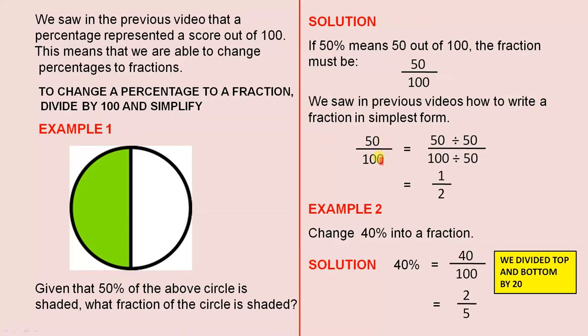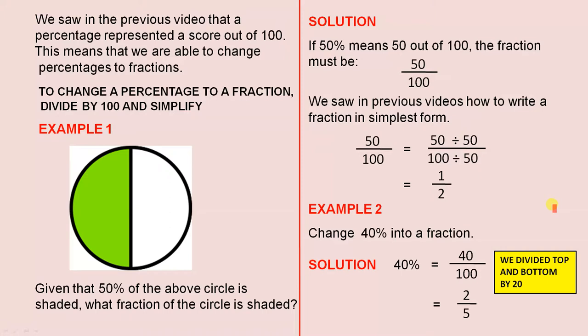So if we have 50 over 100, we divide top and bottom by 50. 50 divided by 50 gives you 1. 100 divided by 50 gives you 2. So the answer is a half. So 50%, which is 50 over 100, is a half. So half of the circle is shaded.